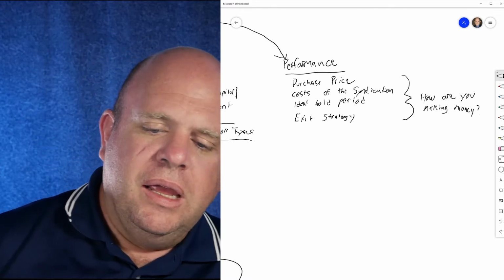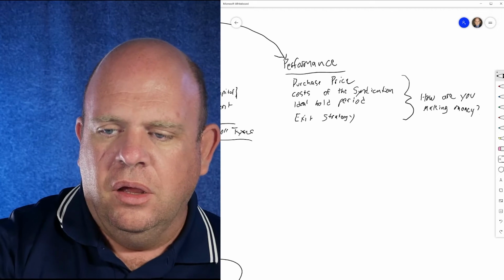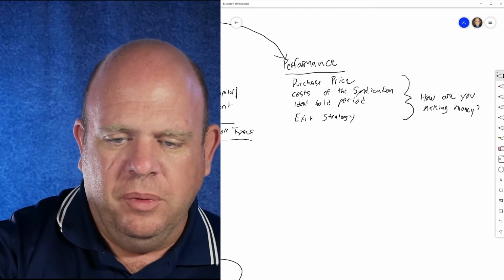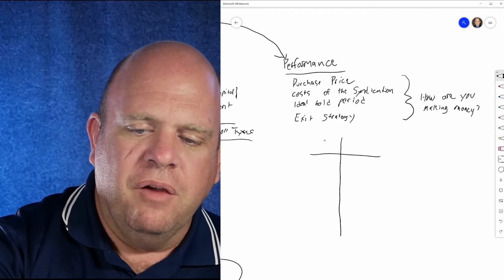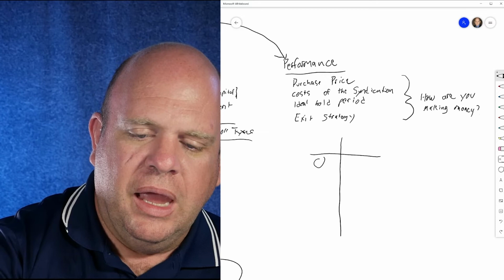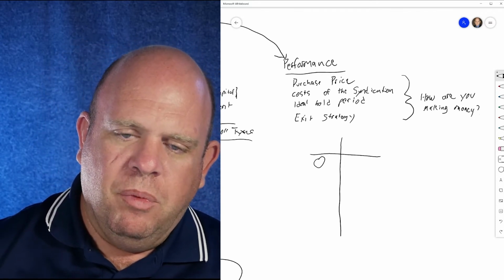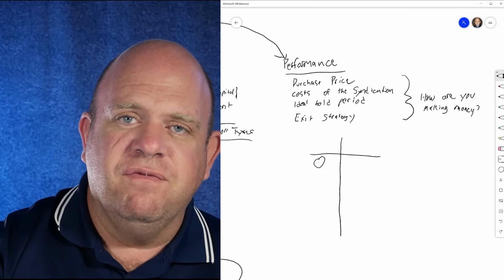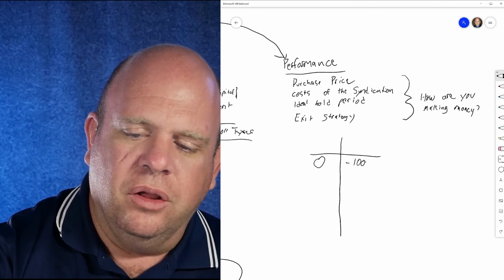Right, so at the end of the day, what I've got is, and this may or may not look familiar to you, but I've got this bar here. And at the very beginning, I've got the price that the investor invested in it. Now, typically, I do $1,000 shares.